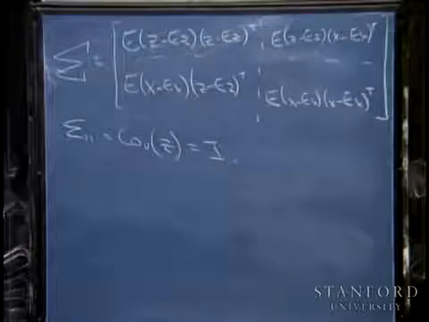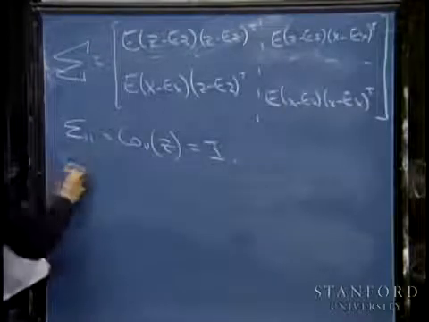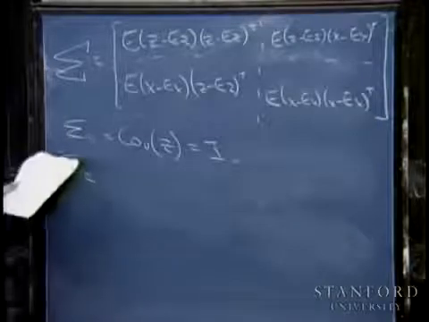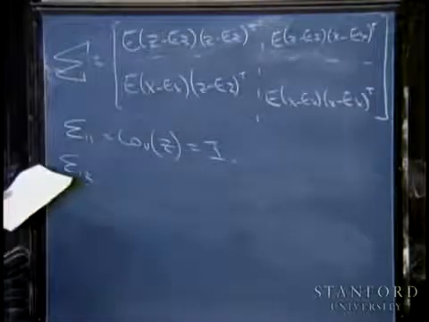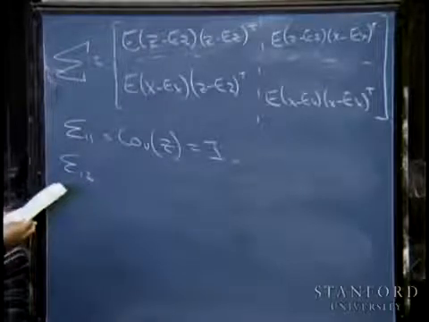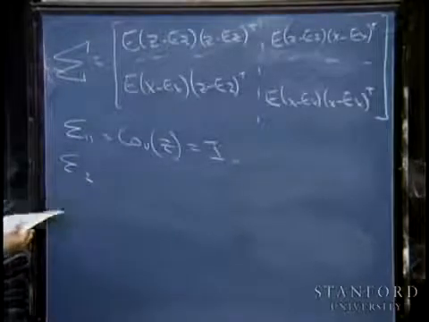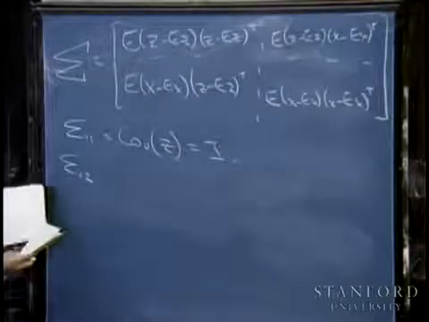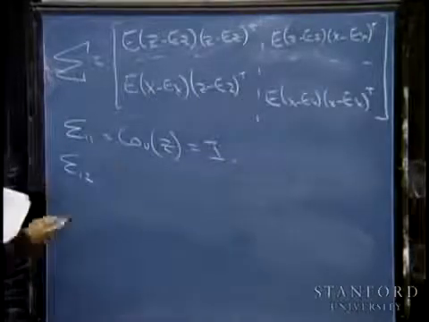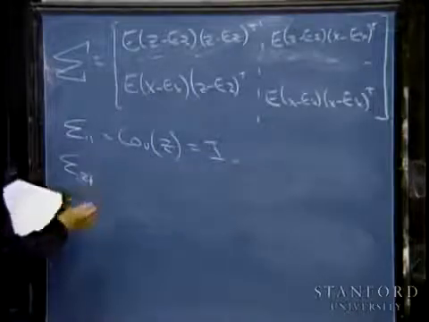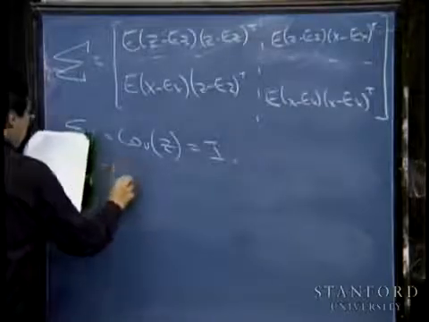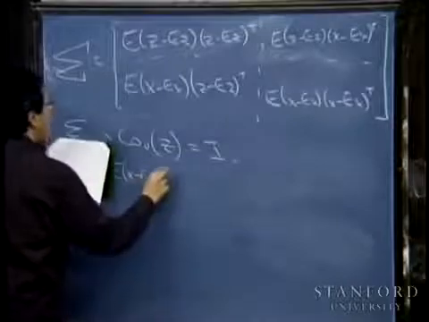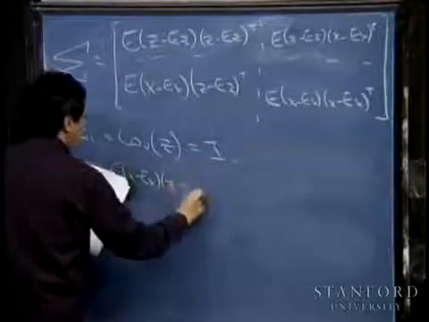I'm just going to show you briefly how to derive some of the other blocks. Sigma 2,1, which is the lower left block, is E of x minus EX times Z minus EZ.